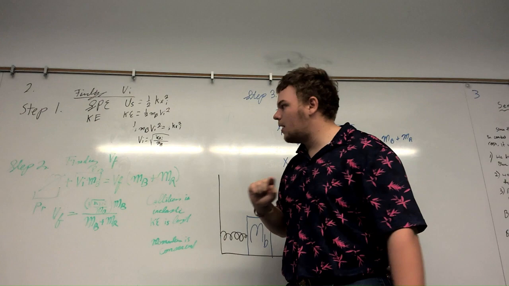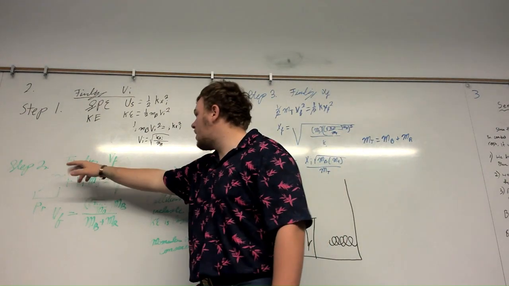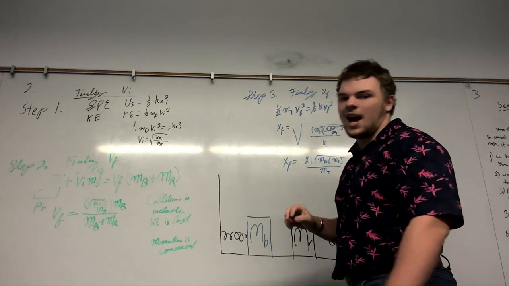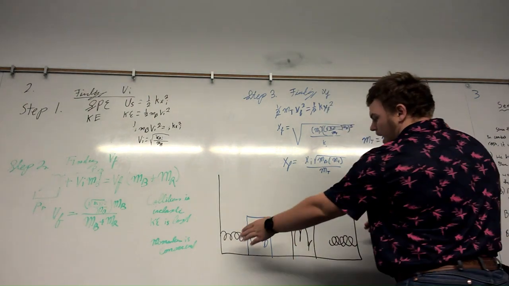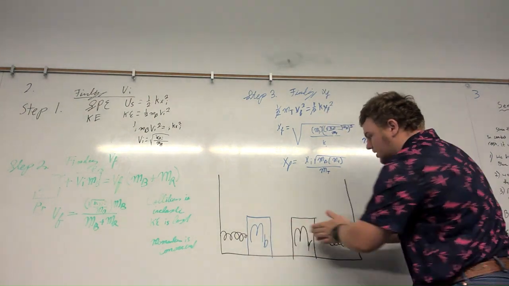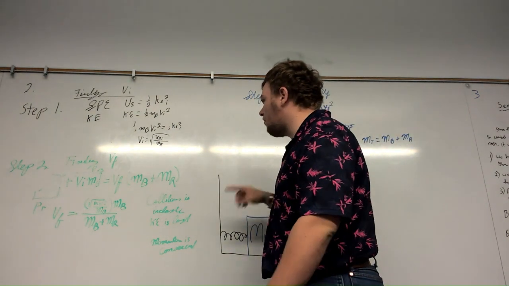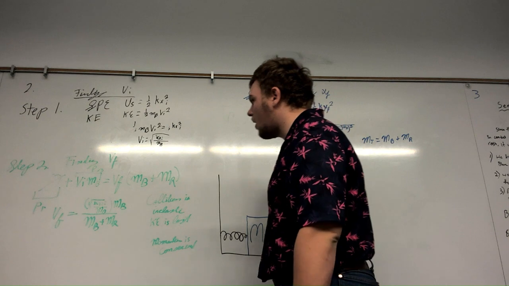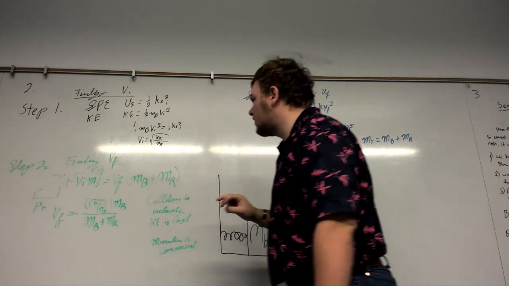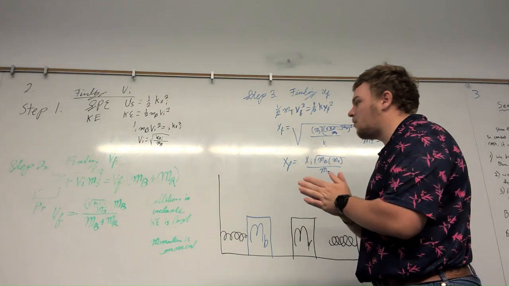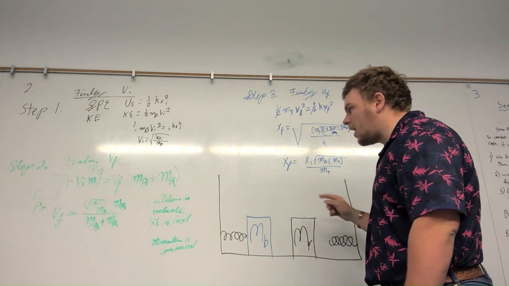And that's step one. For step two, we're going to find the final velocity of the system, which we are categorizing as the blue box plus the red box, and which we're going to represent as m_t later on. For this, we're going to assume conservation of momentum when they collide.